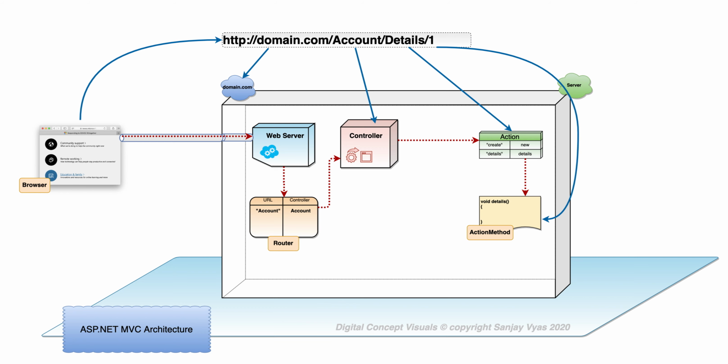For example, one. That may be the account number one. So we have domain.com where we are connected, account, the controller that we are directed to. Details is the action that we are trying to invoke. And we are passing a parameter saying, give me the details of one.